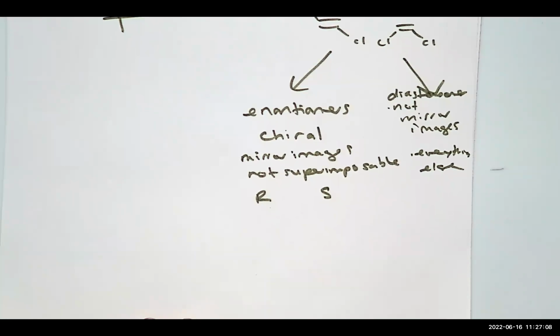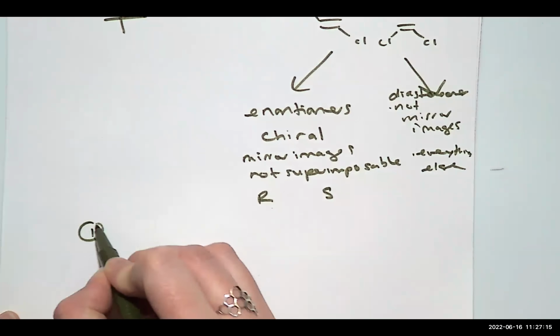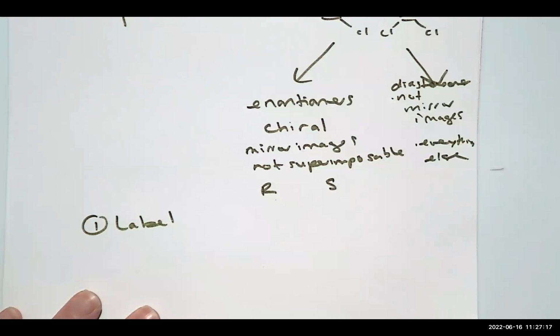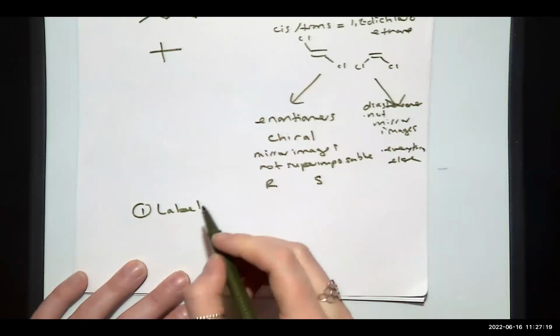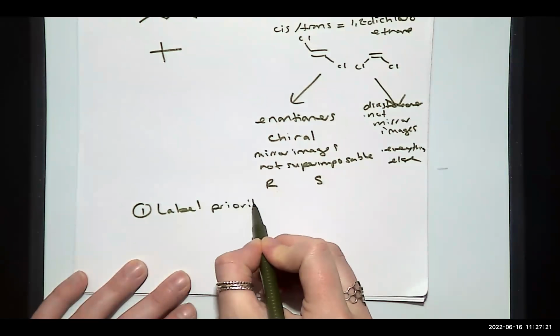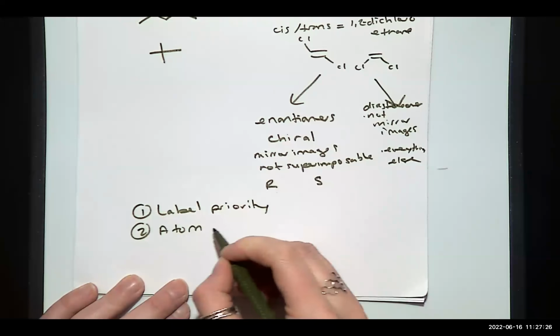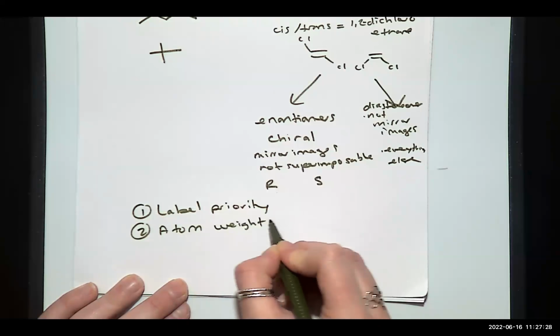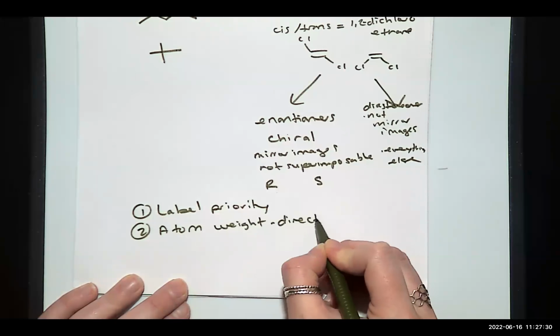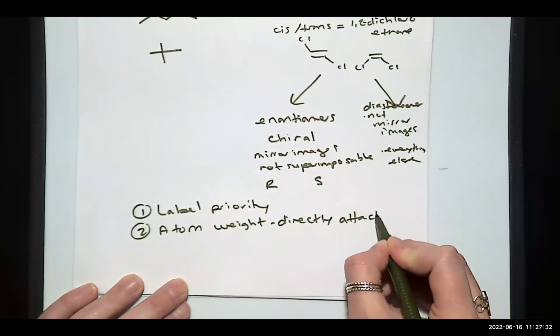How do you find them? Label the priority, and what do you label the priority based on? Atomic weight or mass, whatever you want to say. And is it the atomic mass of the whole group or just one thing? Atomic weight of the directly attached atom. And what happens if two are the same?